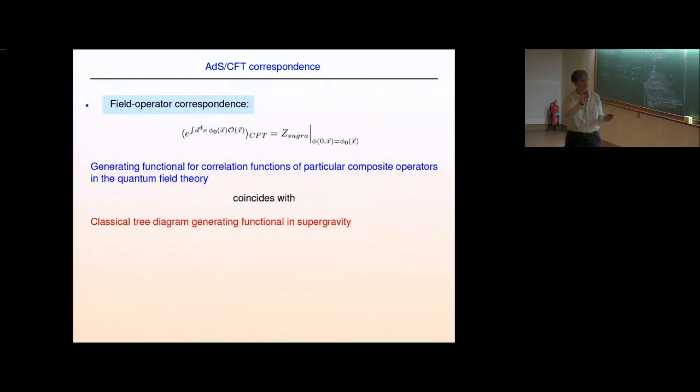Essentially you can think of the fact that these sources for your operators, which normally are classical functions which have no dynamical property, now become dynamical objects in the dual theory, and they can propagate in this extra dimension. So that's how you want to view this. Okay, so the quantum field theoretical sources for operators become dynamical fields which propagate in an extra dimension.